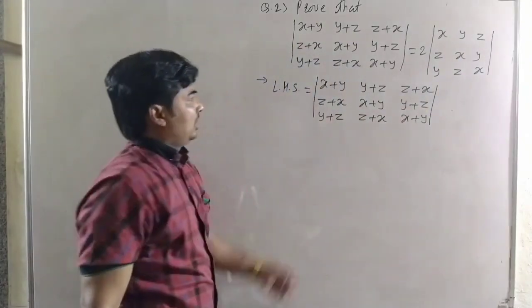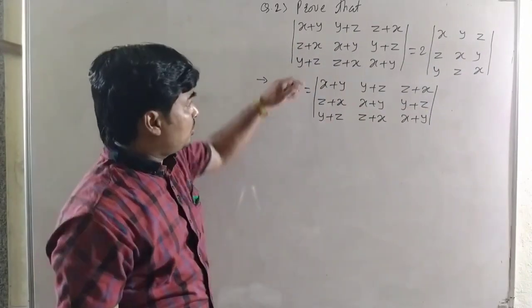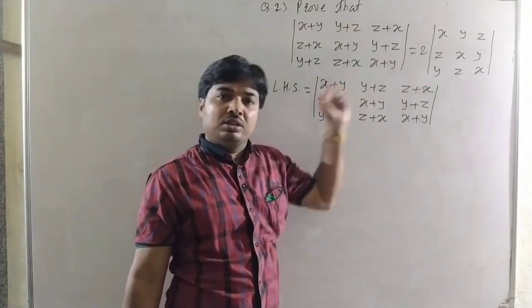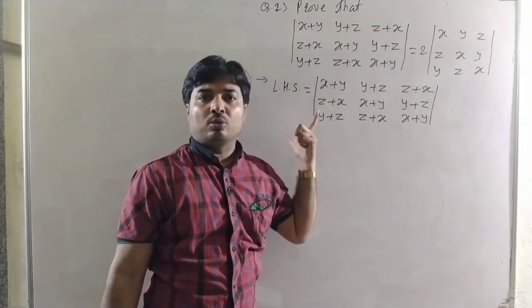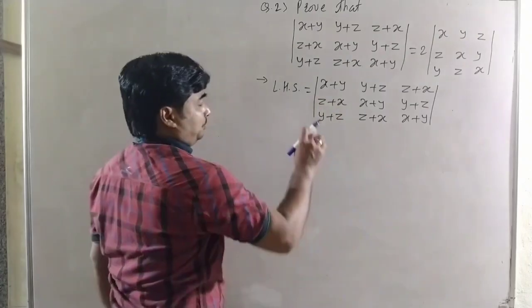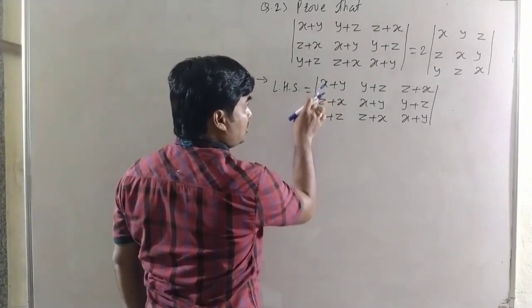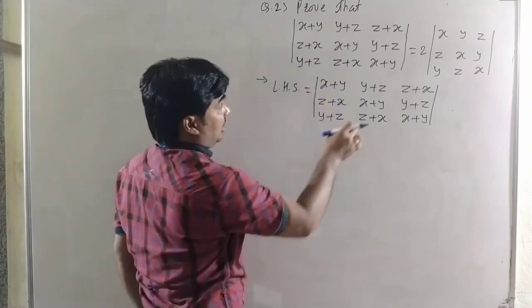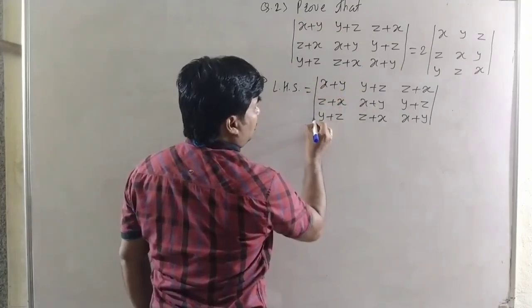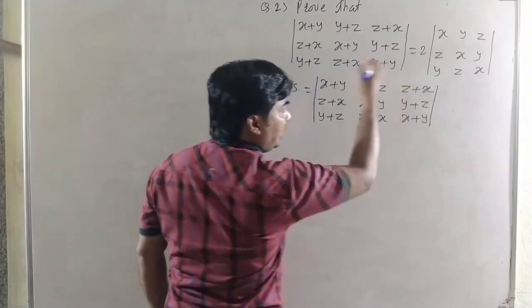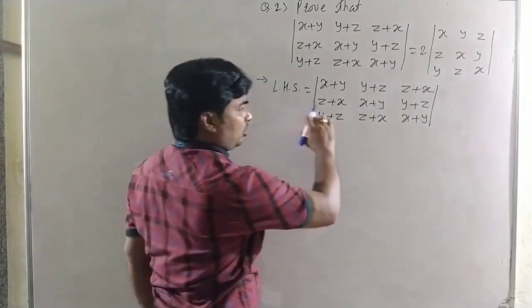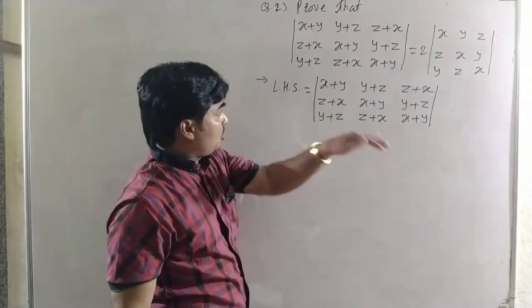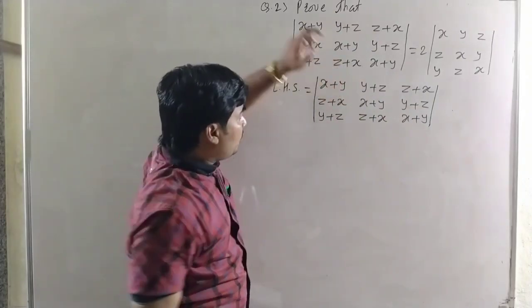Now, we cannot take 2 common in any row or any column. Therefore, we add the first row and second row. So first we add row 1 and row 2.